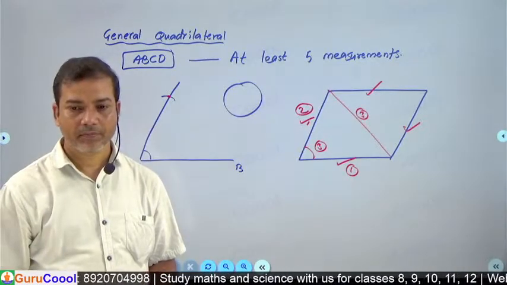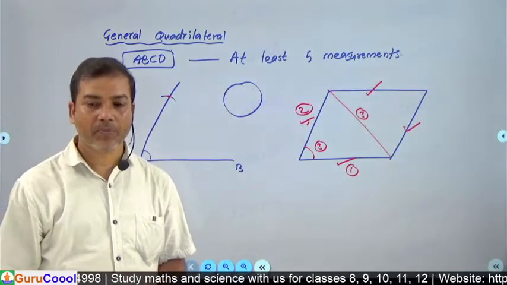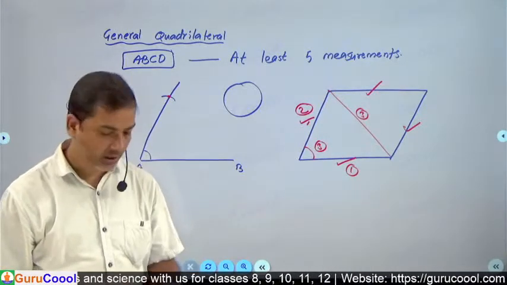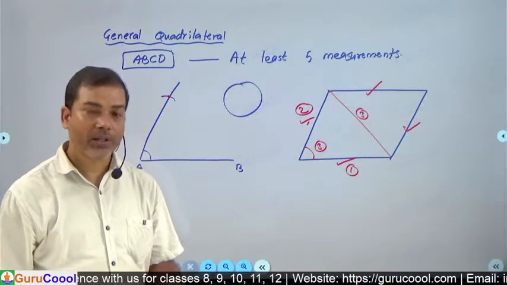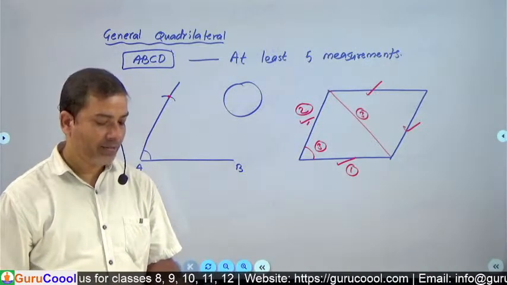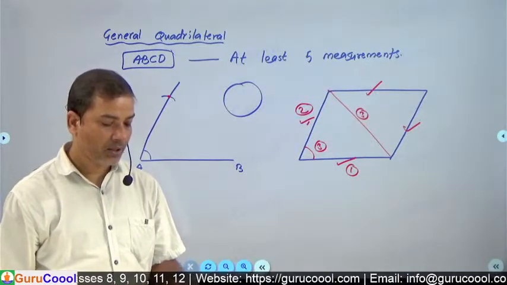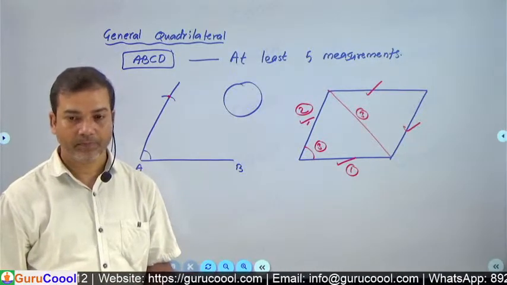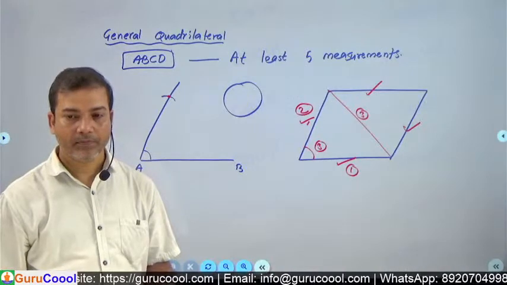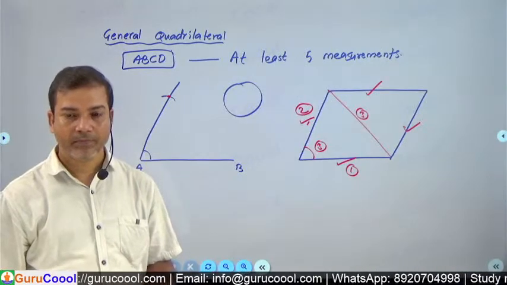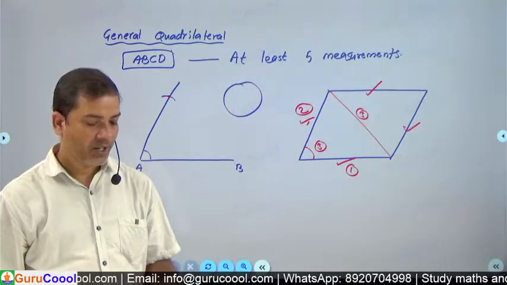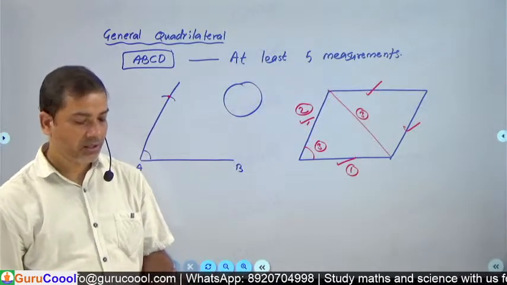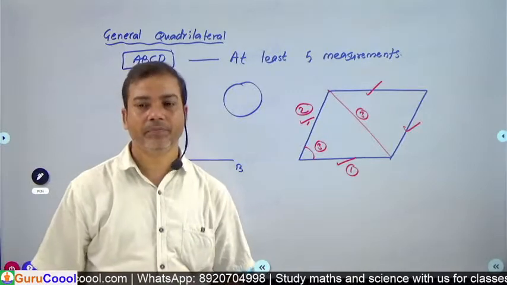Sir, how many minimum information requires for parallelogram? 3, sir. Yes. Next question is, how many elements are required for constructing a quadrilateral uniquely?